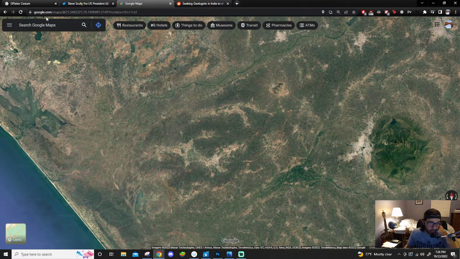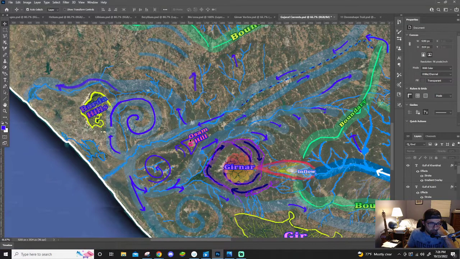And then over here, let's go back, is Osam Hill. So this current's coming this way. This current's coming up here, so Osam Hill is related to this spiral happening here, plus this current equals Osam Hill.